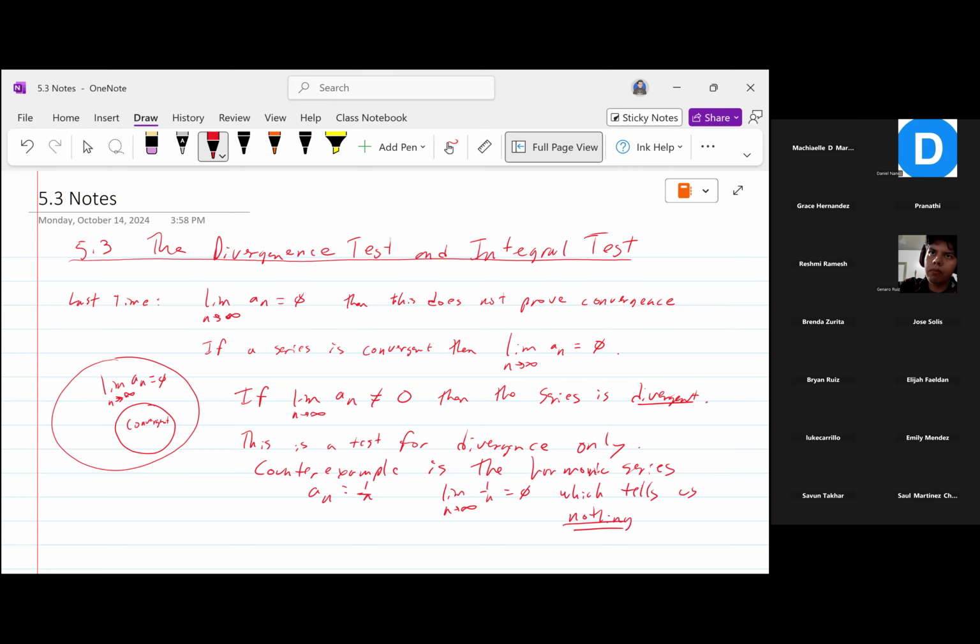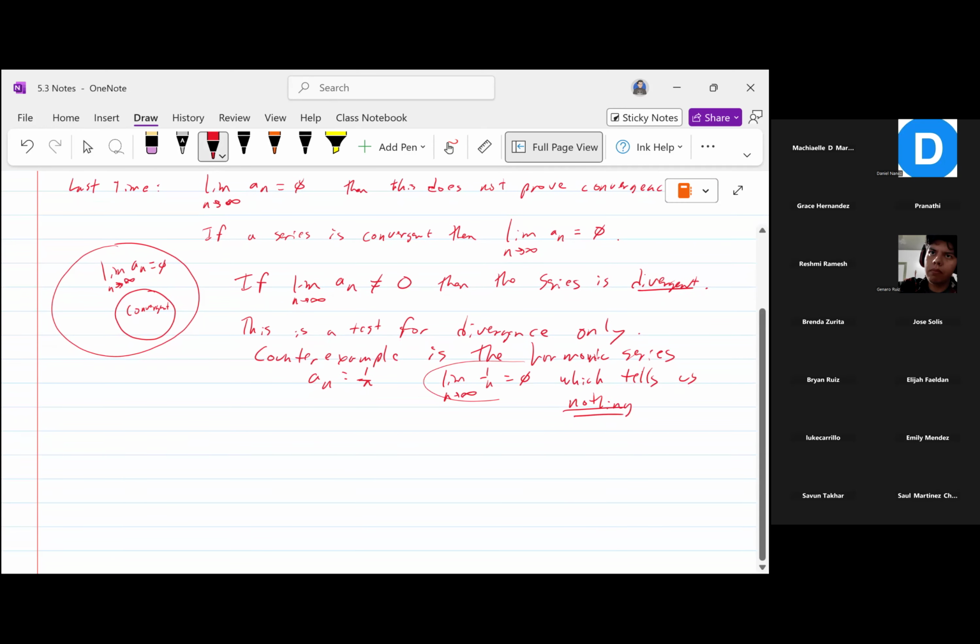It is divergent, but that goes to 0. However, if the terms are not getting smaller, then we keep adding bigger and bigger stuff, or we keep adding the same stuff, and the thing's never going to converge. It's just going to diverge.